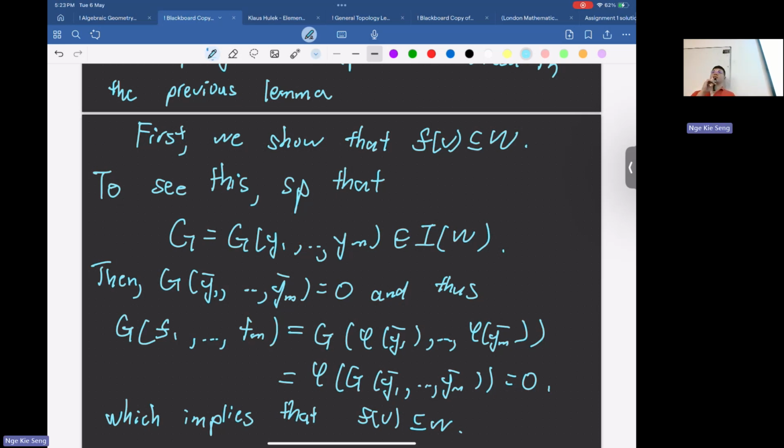What is phi? If you don't know phi, how do you know whether it can be pulled out or not? What is phi? Phi goes from where to where? K[W] to K[V].